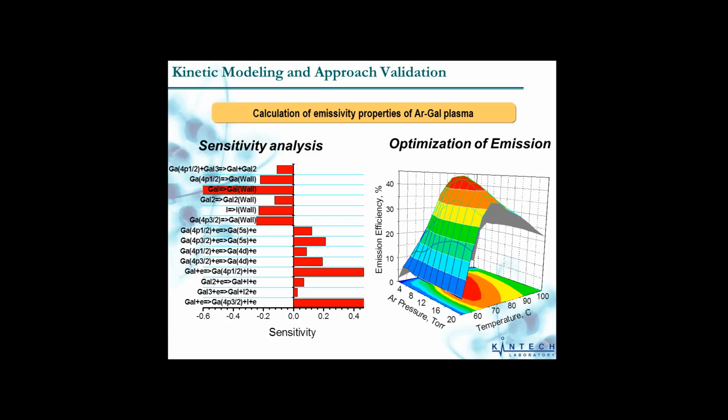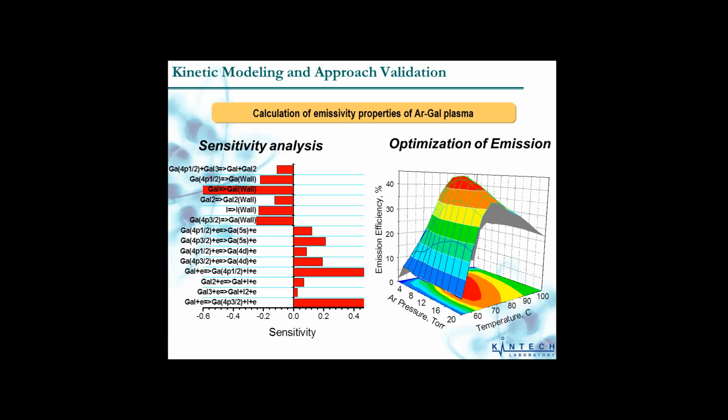What is light emission? When we spend plasma energy in the system, there are several possibilities for the losses of this energy. Let's speak about the useful channel and the non-useful channel. The useful channel is the formation of excited gallium in a radiative state.